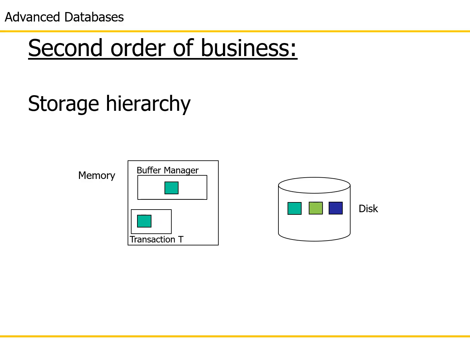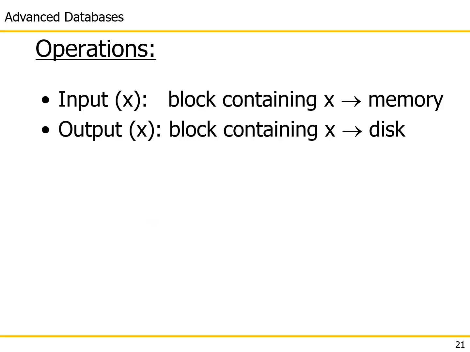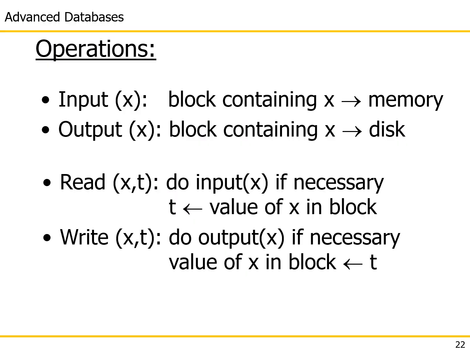For example, if we notice that a page is frequently requested, we can keep it in memory, okay? And the buffer manager's responsibility is to write it to disk at the appropriate time, okay? So we will define four operations: input and output, and read and write.